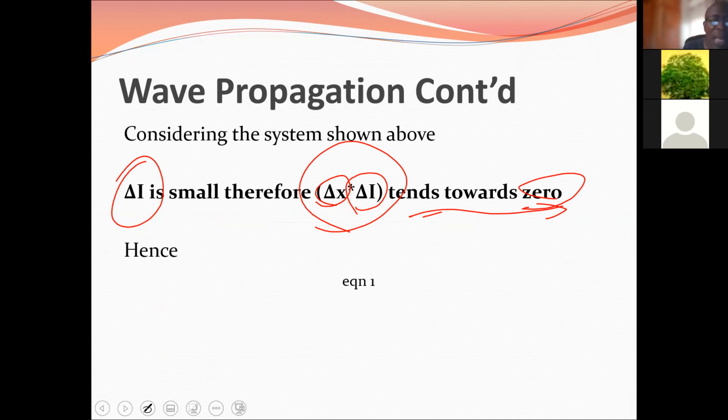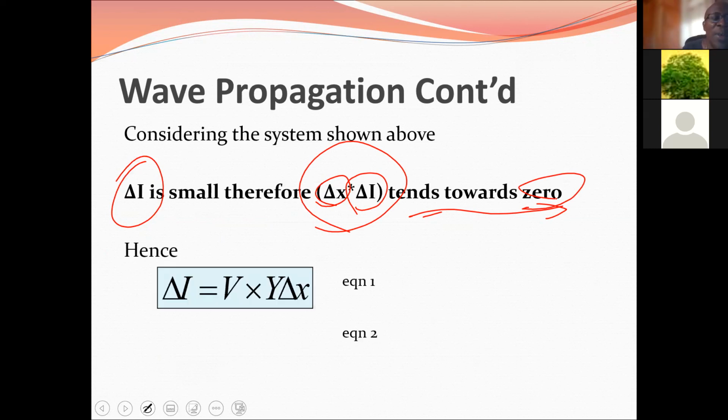That's basic math. Therefore, for our first equation, we know that delta I, that is the current going through the admittance, would be equal to V times Y delta X, voltage times admittance. Again, nothing fancy.